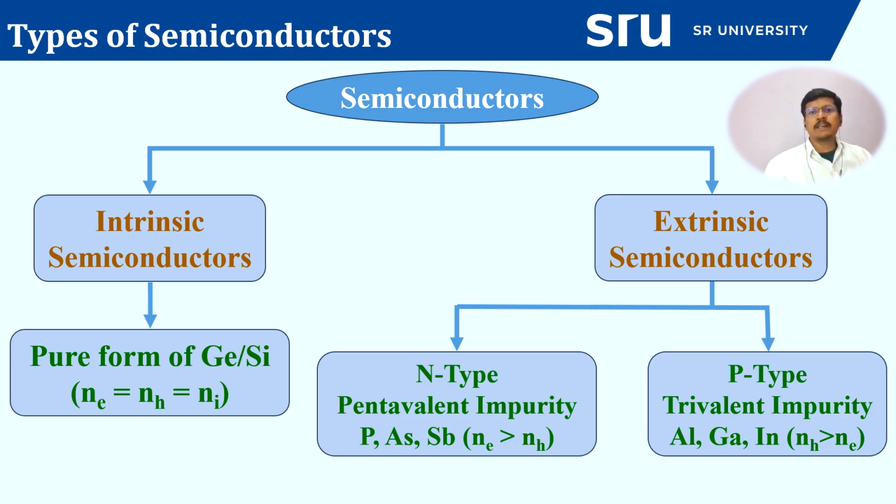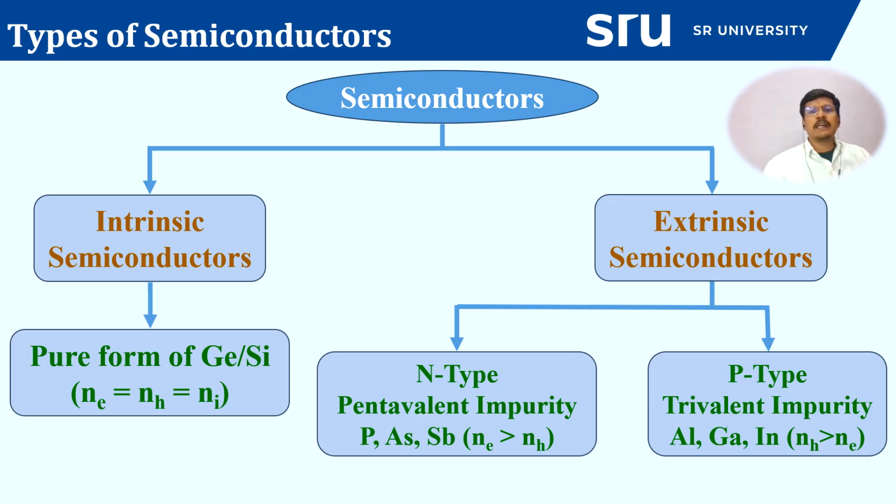In P-type semiconductors, the trivalent impurities such as aluminum, gallium, or indium are added. So these impurities dramatically increase the conductivity by increasing the number of charge carriers.